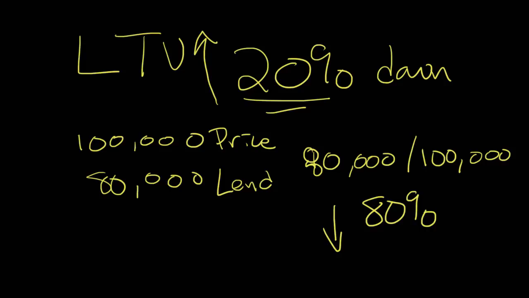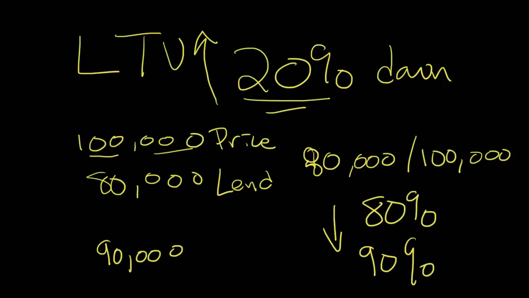On this deal here, if you wanted to buy a $100,000 house and you are asking them to lend you, say, $90,000, your loan to value would be 90%. They would feel very uncomfortable about that.